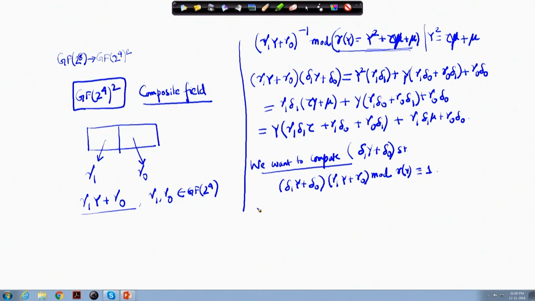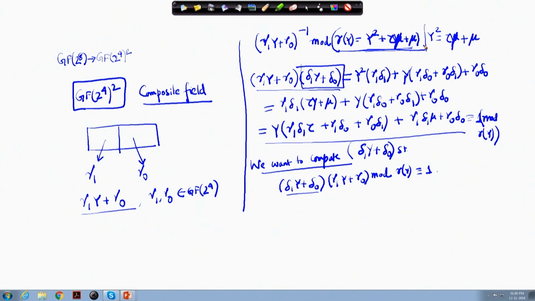That means this result should be equivalent to 1 mod r y, where r y is y square plus tau y plus mu.